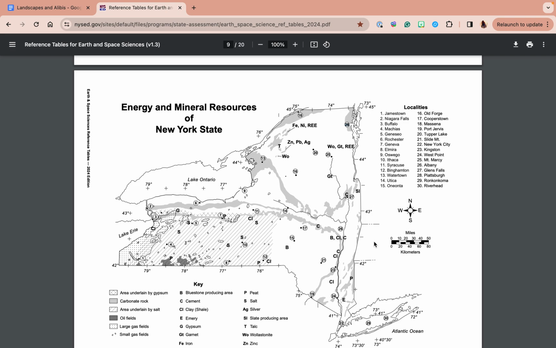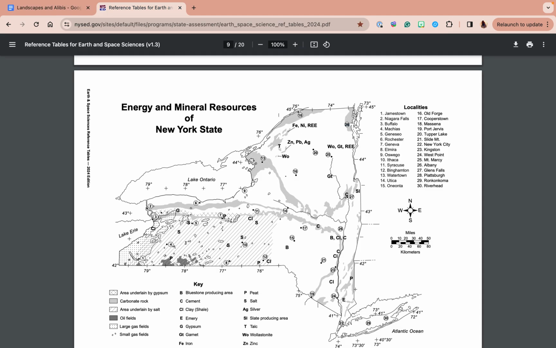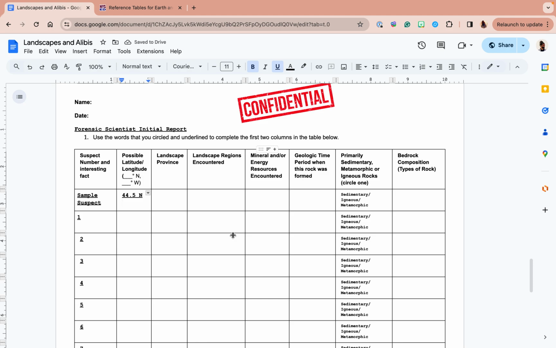Plattsburgh here, if I'm just kind of looking at my numbers, 41, 42, 43, 44, is somewhere between 44 and 45 degrees north. So I'm just going to write that down. So we'll say 44.5 north, just for ease of use. And then around somewhere between 73 and 74 degrees west. Let's say 73.5.